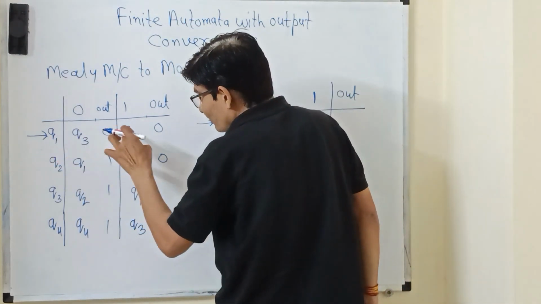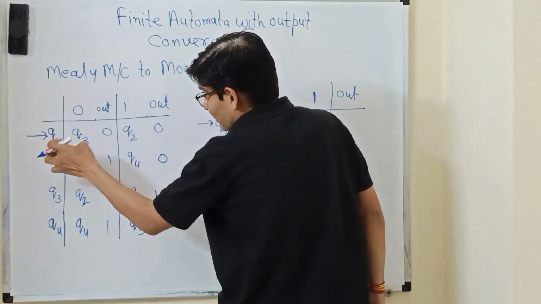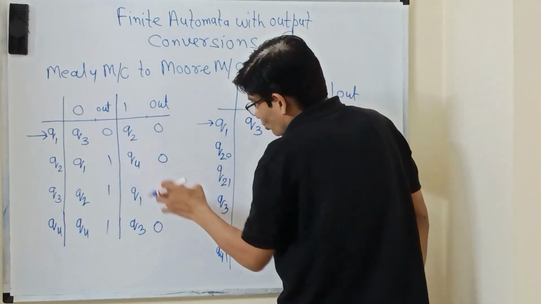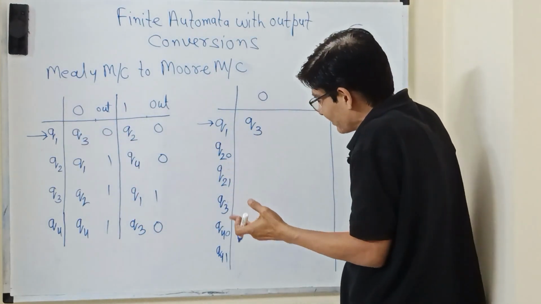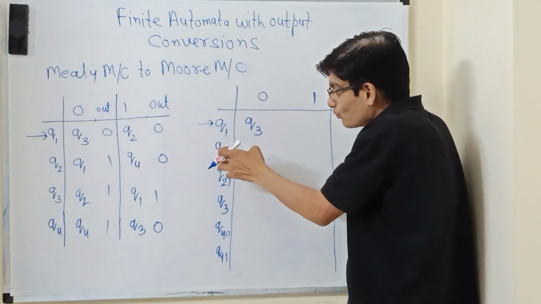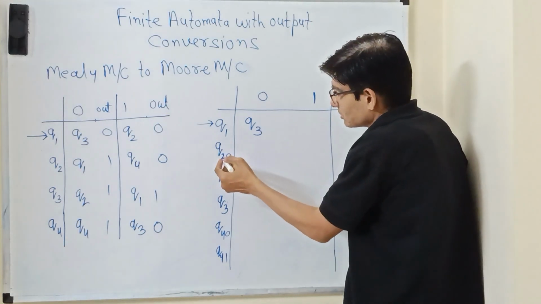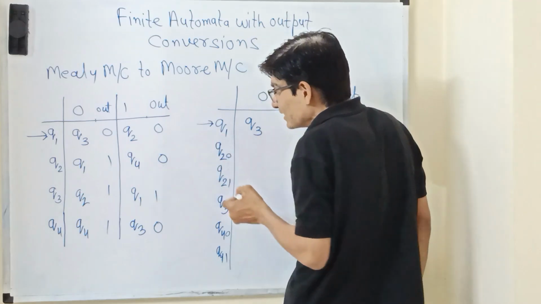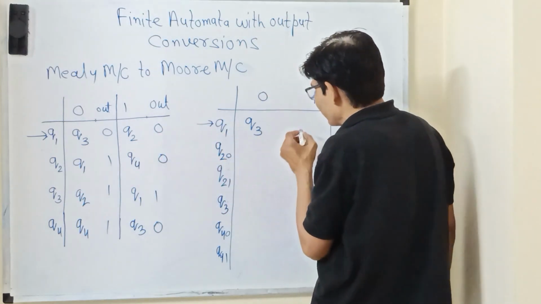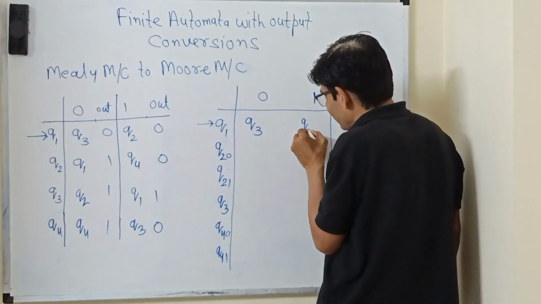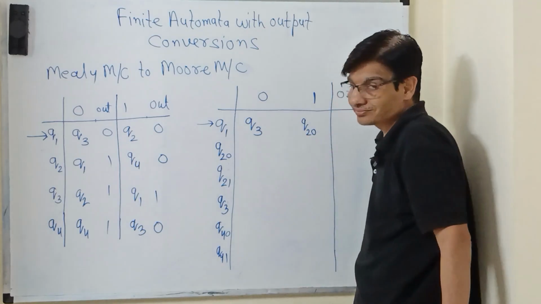On q1, if we are getting 1, we are getting q2. Now which q2 are we having? There are two q2s. We are having q2 with 0 output, so I can write here q2 0.